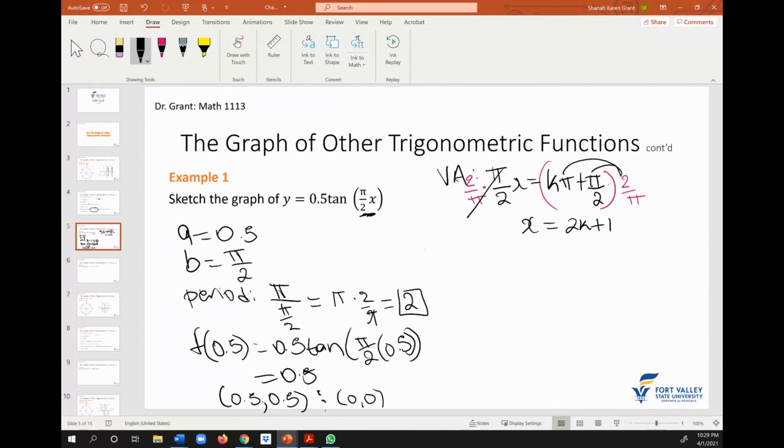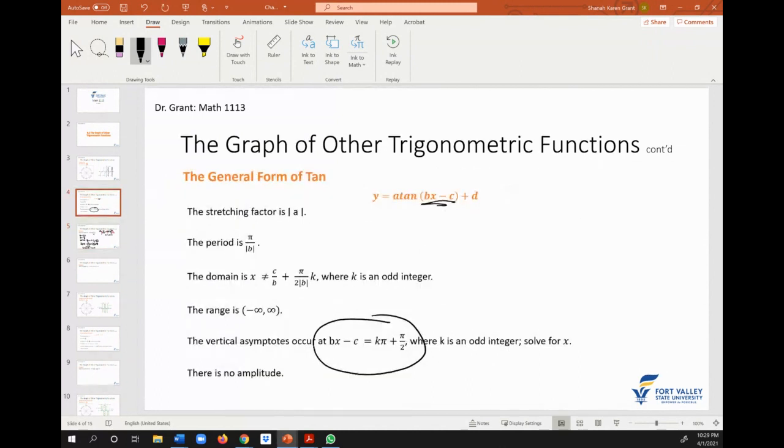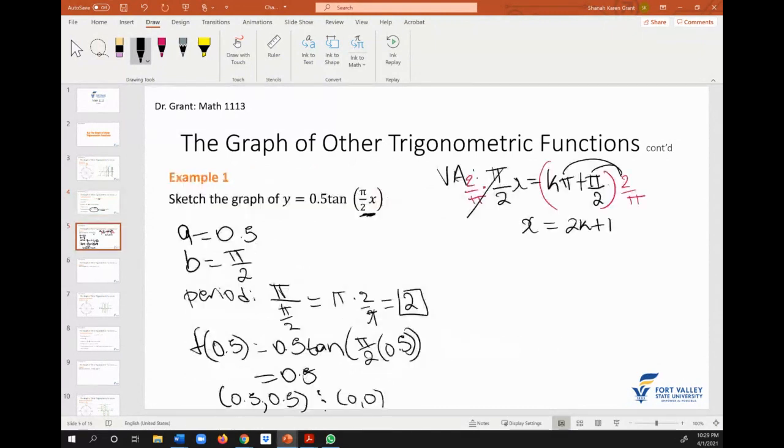Now, after you found what x is equal to, recall that we said that k is going to be some odd integer, so 1, 3, 5, and so on. So here we can plug in different values for k. What I'm going to use are, let's say, k equals -1. If k is -1, then we'll have 2 times -1 plus 1, which would give us -1. So x equals -1 would be my asymptote.